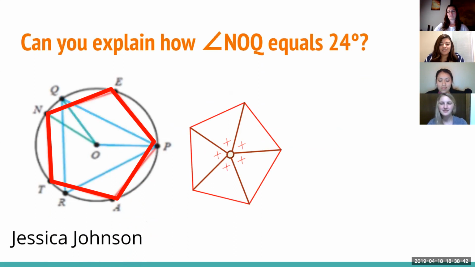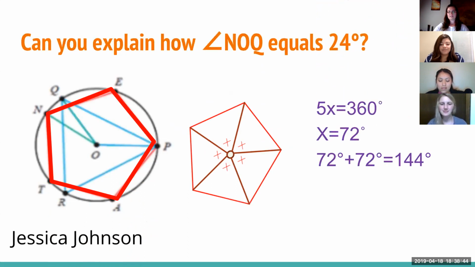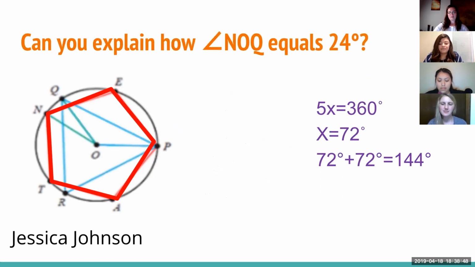Therefore, x equals 72 degrees. Since we have a bisector here on the pentagon, 72 plus 72 equals 144 degrees. That makes NOQ equal to 144 degrees minus 120 degrees, which equals 24 degrees.